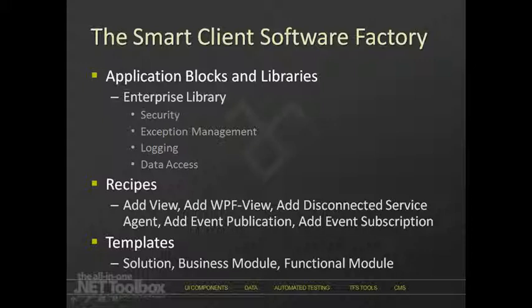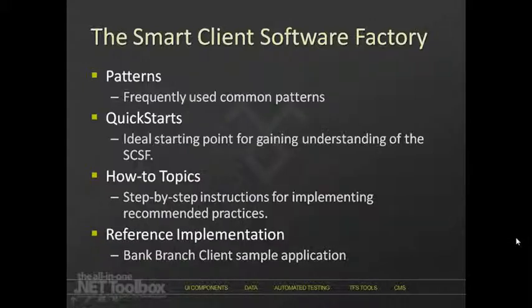There are also several templates included with the Smart Client Software Factory, such as the overall solution template, templates for business modules, and functional modules. Included with the Smart Client Software Factory are several frequently used common patterns, and you'll notice some of these as we begin to work with it here in a minute.